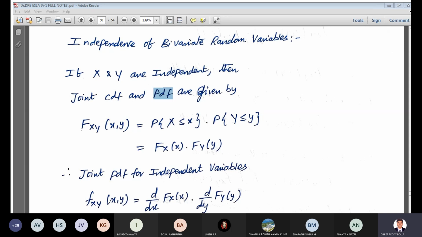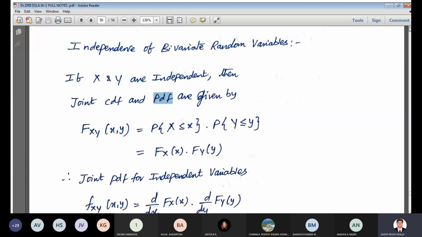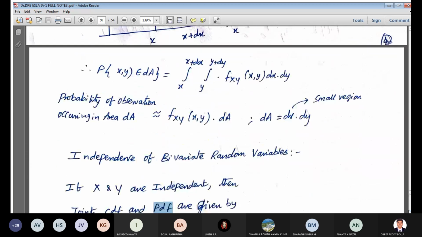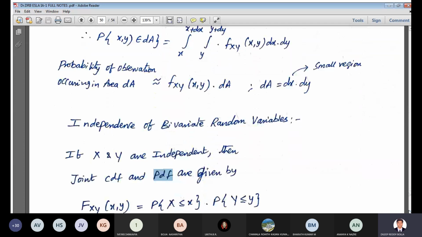Now similarly, the x and y values we are getting here from this graph, these values can be dependent or independent. So when can we say they are independent?